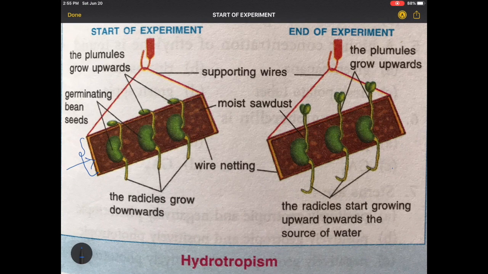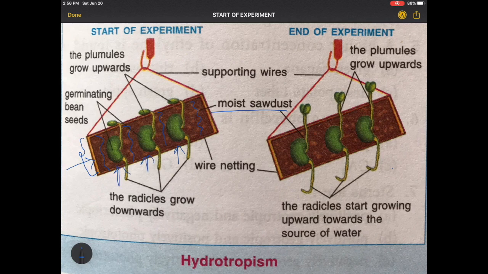Moist sawdust, the brown portion that you see, is placed around 1 inch thick on the wire netting, and then germinating seeds, you can see 3 have been embedded here.